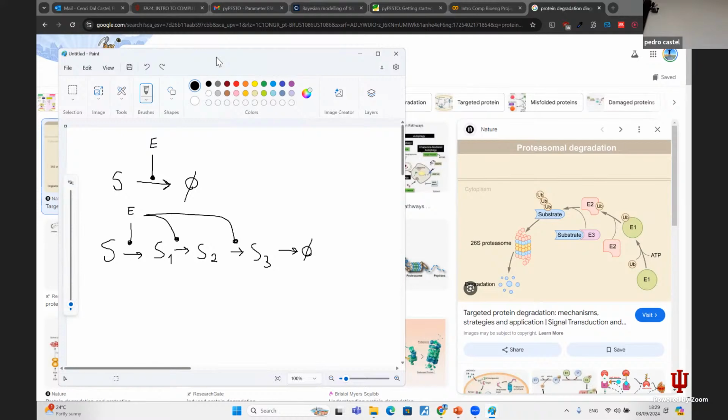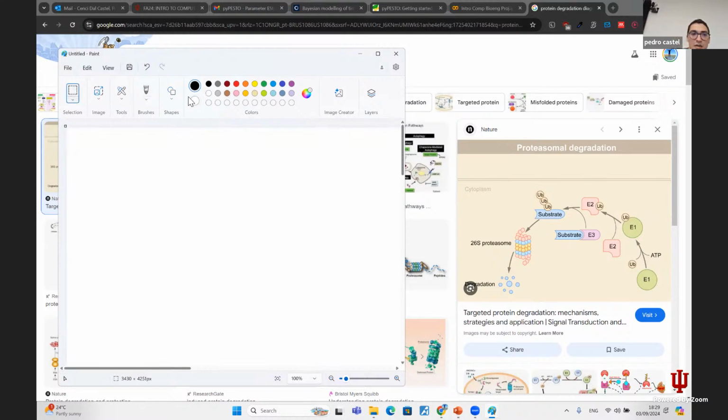This is important, so let me include the other guys in the discussion. The structure of Chen's model: Chen is modeling the central dogma of biology, which is DNA generates RNA, and then RNA generates protein.